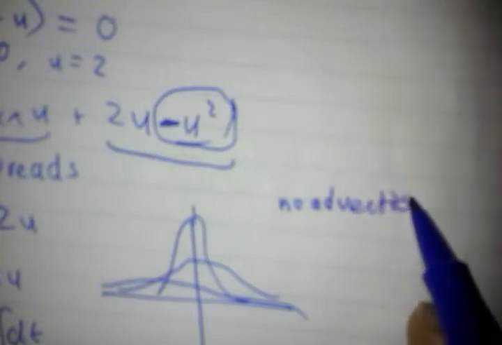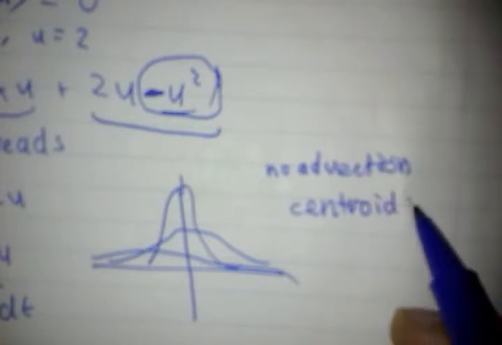Traditionally diffusion by itself looks like this, and note that there's no single derivative. That's an awful diffusion picture, but you get my point. There's no advection, so it's not moving anywhere. It's just stuck, which means that our centroid is at 0. And then we have this barrier that it hits at u is equal to 2.